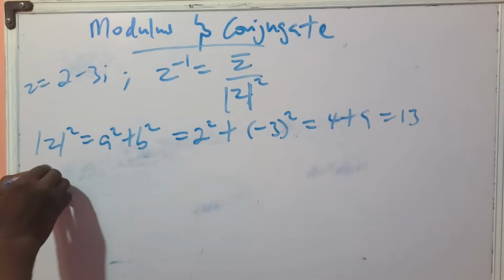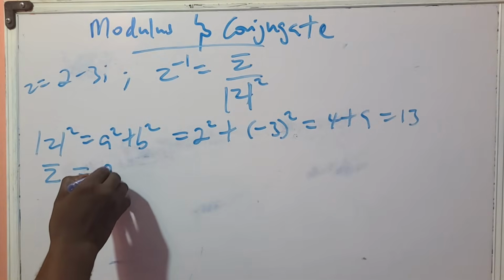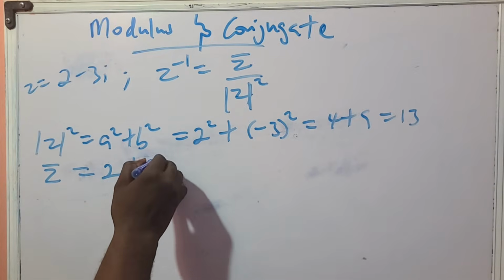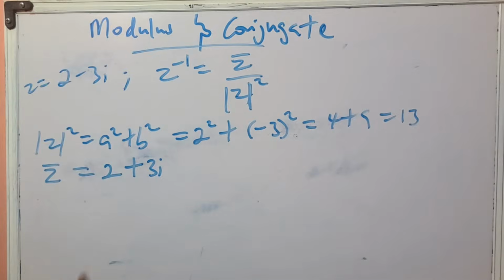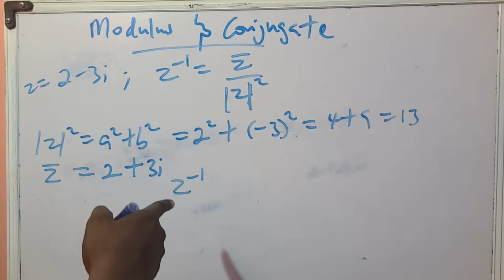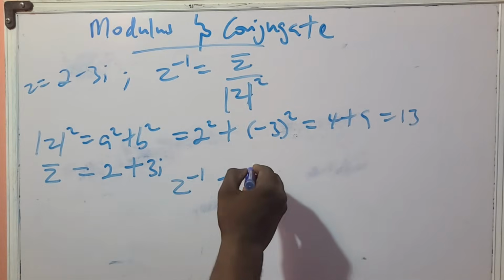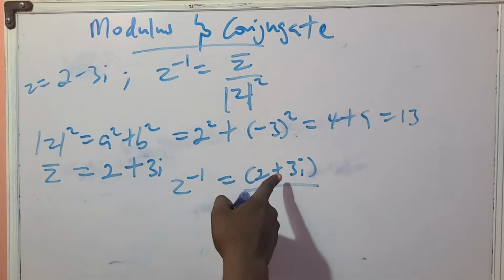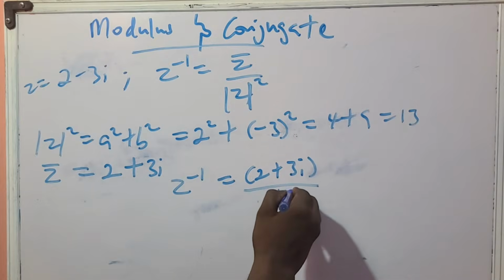So what is our conjugate? If you have z as this, our conjugate will obviously be 2 plus, in this case now, 3i. You just have to change the sign of whatever the imaginary part was. All right. So in trying to find the multiplicative inverse, very simply, I just have to say the multiplicative inverse of z will be equal to the conjugate, that will be 2 plus 3i, over the modulus square, over 13.